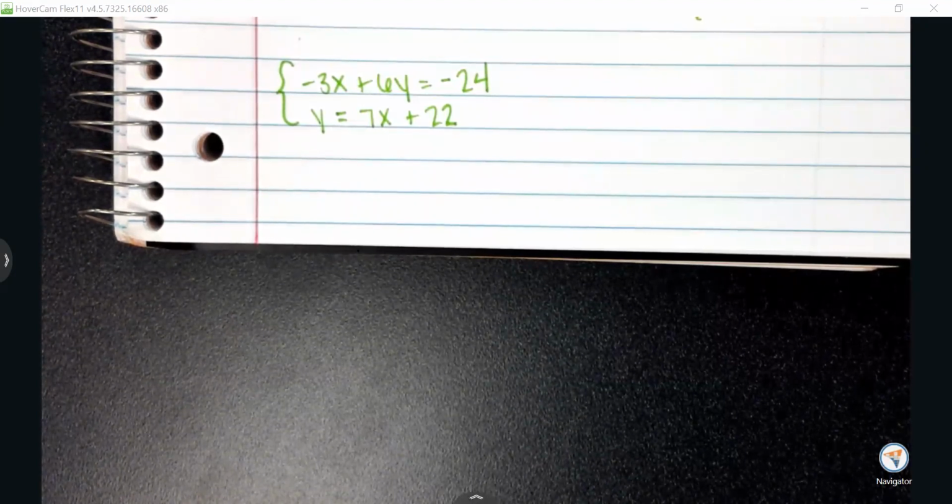Perfect. So now you're going to take it and plug it back into this equation to figure out your y. Keep going. Very good. This is fine.